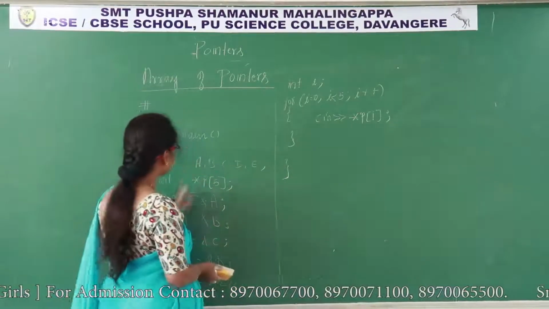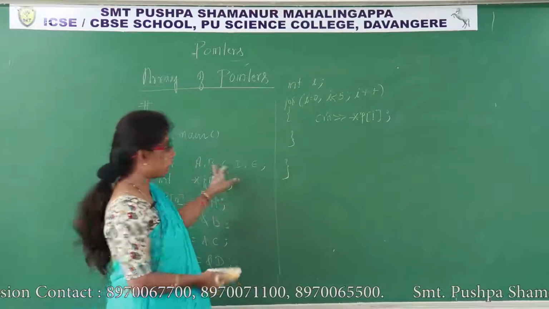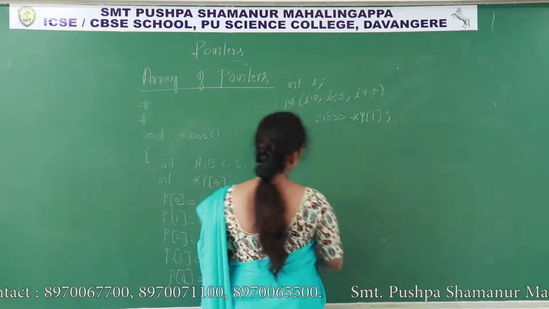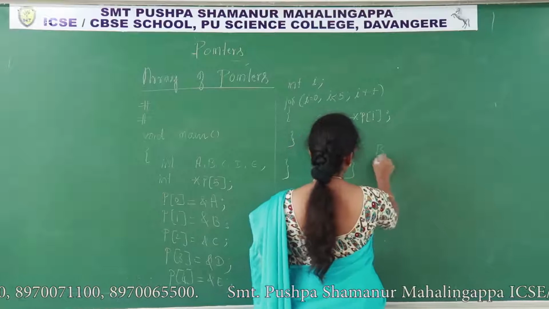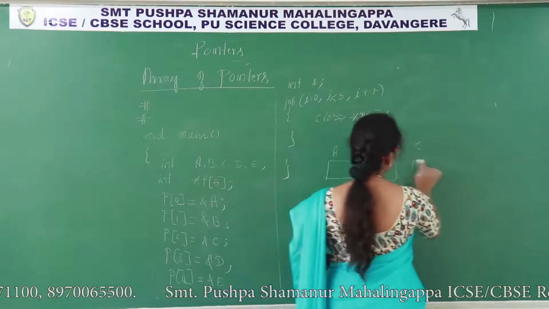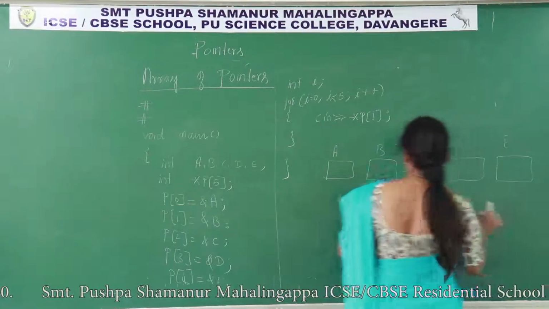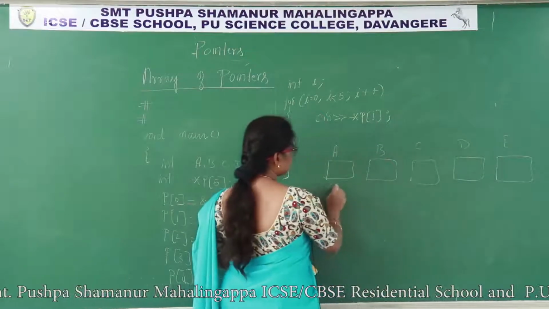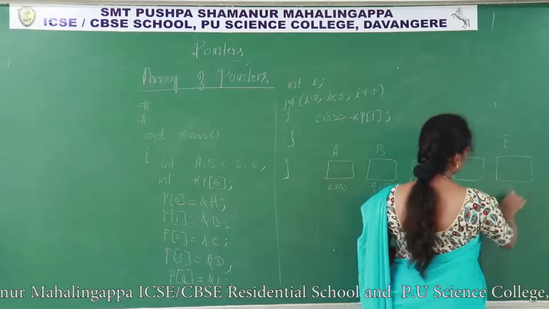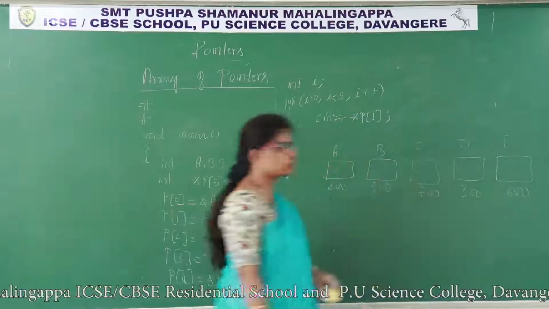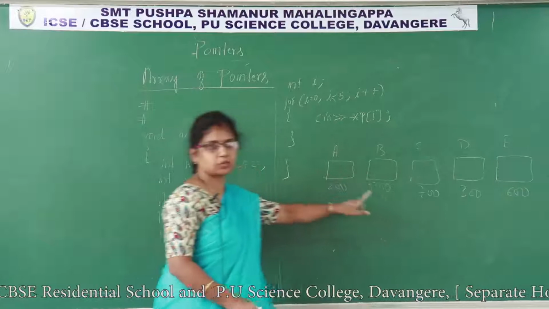See here, let us see the memory allocation for these variables. I'll explain this. For A there are 2 bytes of memory, and for B, C, D and E also. They are all random memory allocations: 200, 900, 700, 300, 600. So these are the addresses of these memory locations. When I write this statement, memory will be allocated for these variables.